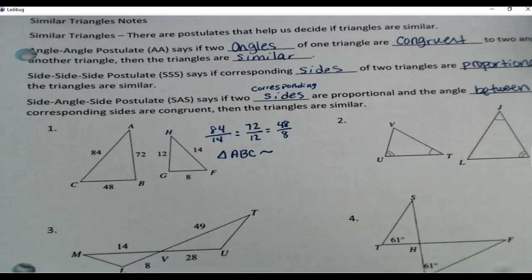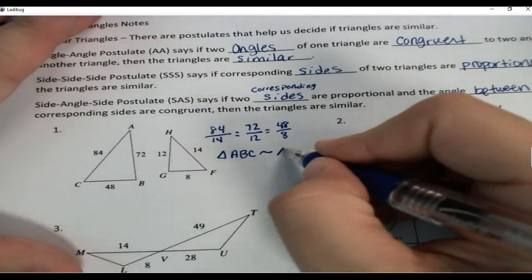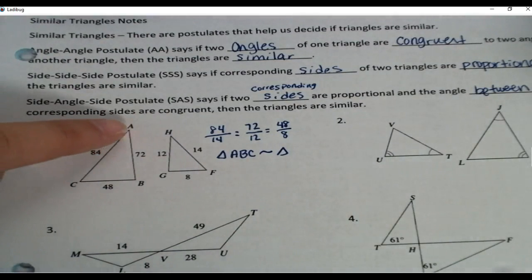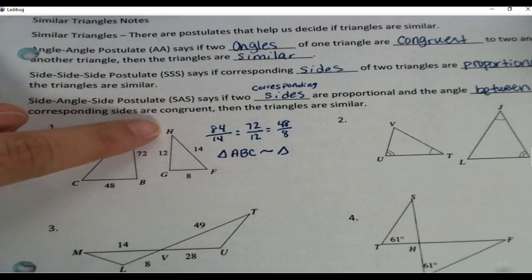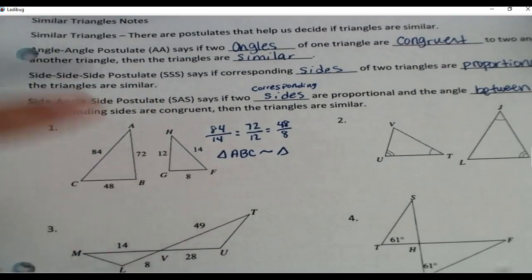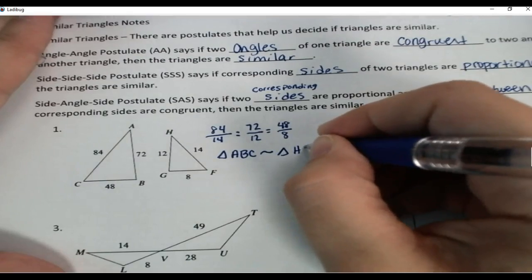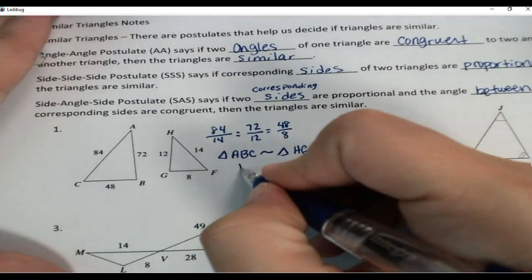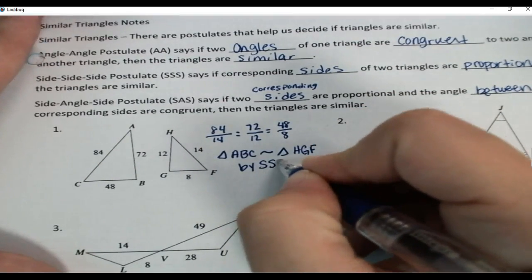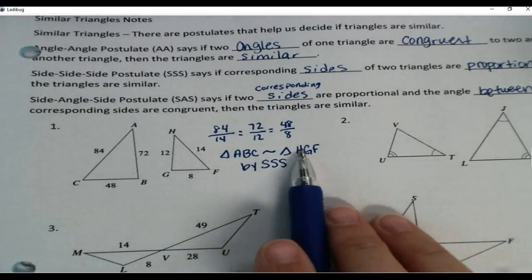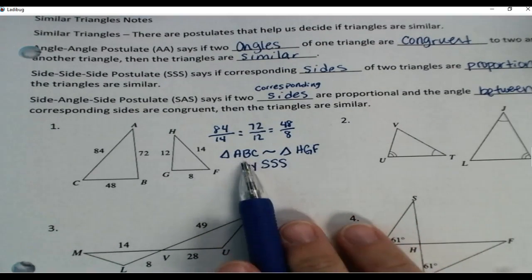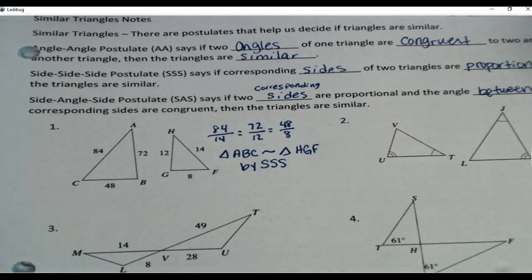We've dropped that equal because they're not congruent, obviously. They are just similar. So triangle, and then remember we want to match them. So ABC matches triangle HGF. And we'll say by side, side, side. Okay, and this is your similarity statement. So we wrote a congruent statement, now we're writing a similarity statement.